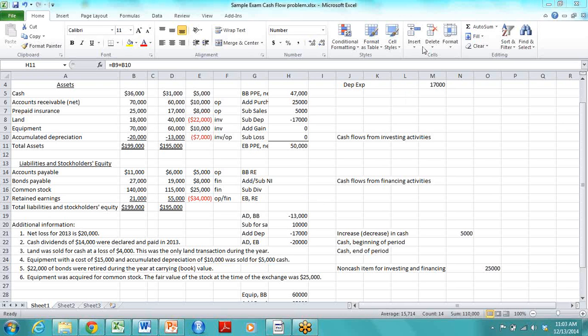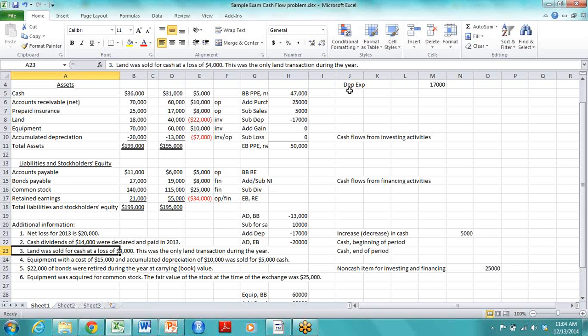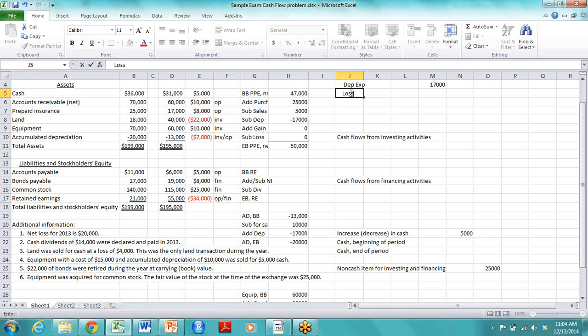So that's going to be depreciation expense. We've got one line item here. We don't have any gains or losses on the sale of equipment, but it looks like a sale of land. So we have to see whether or not we have a gain or loss on the sale of land. Number 3 here tells us that land was sold for a loss of $4,000. So we want to have a loss on disposal of land.